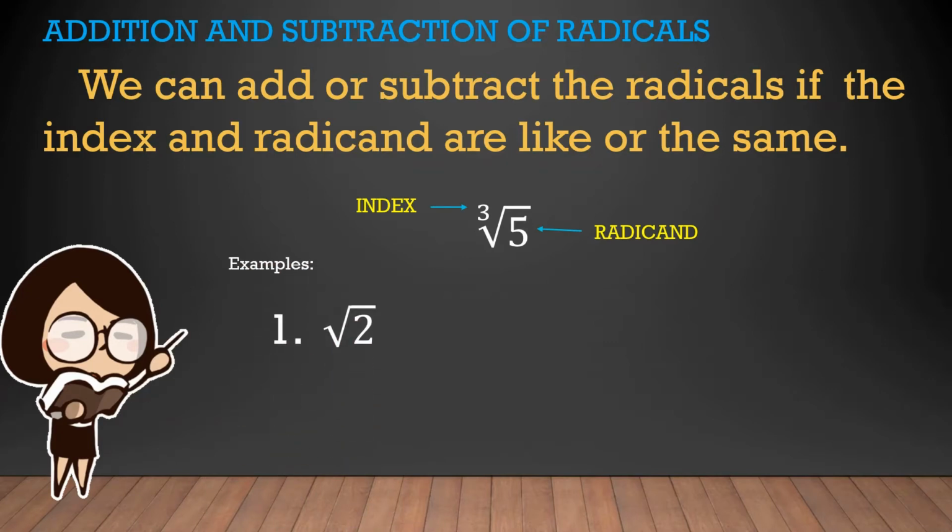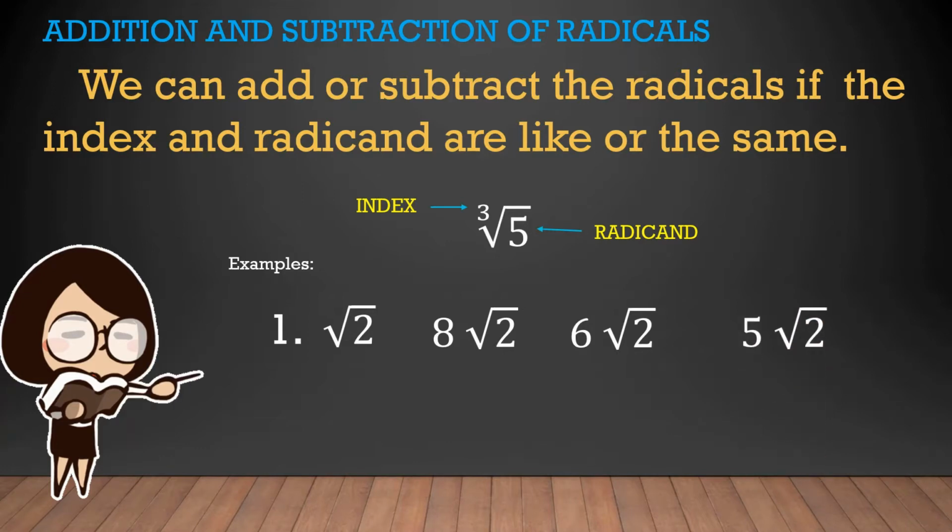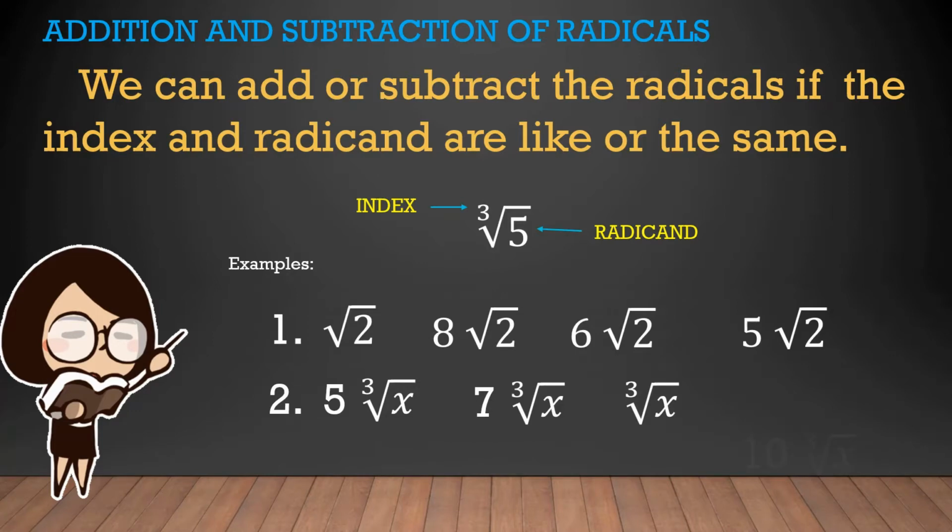Examples: square root of 2, 8 square root of 2, 6 square root of 2, 5 square root of 2. Number 2 example: 5 cube root of x, 7 cube root of x, cube root of x, and 10 cube root of x.